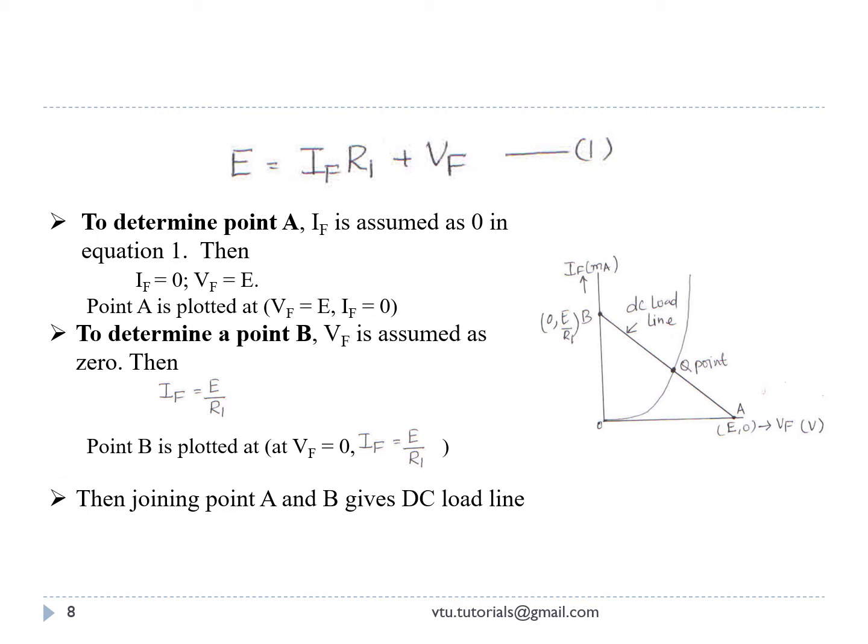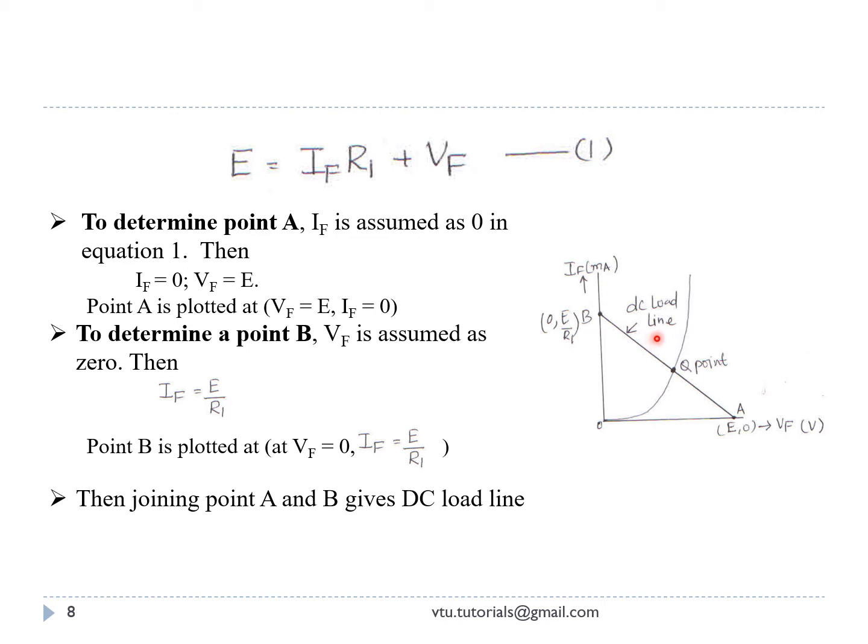Here this is the forward characteristics curve that we can consider for a diode, and the plot of the DC load line on the forward characteristics needs 2 points, point A and point B. Knowing 2 points, we can draw a straight line that will be the DC load line.